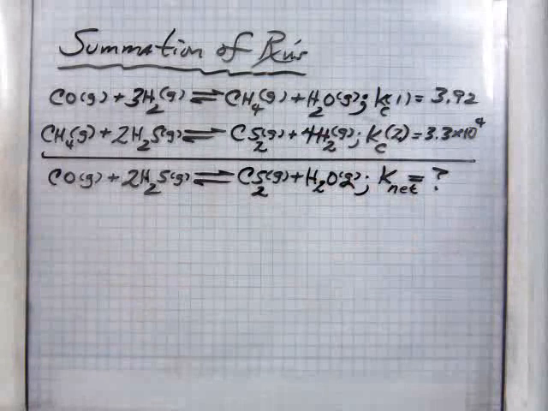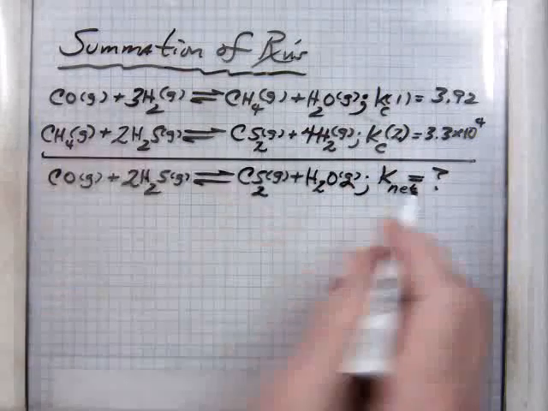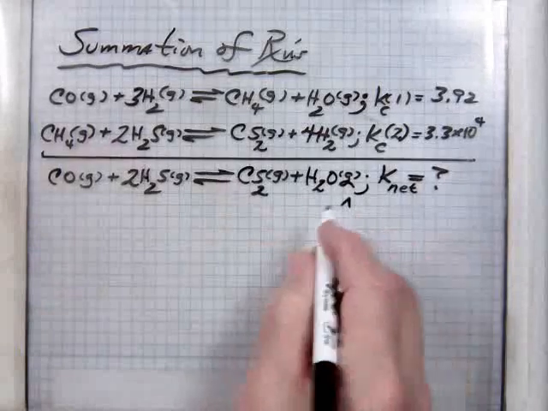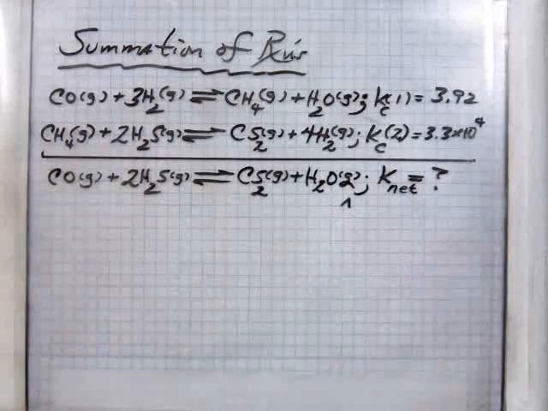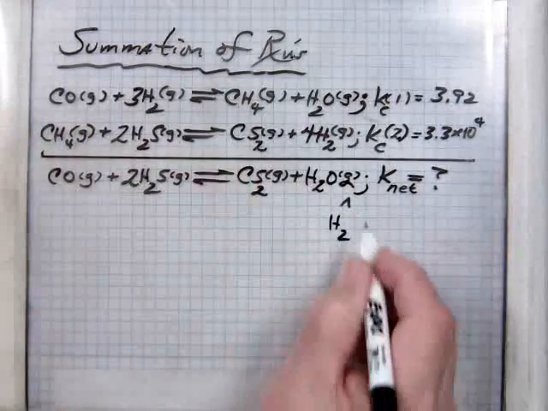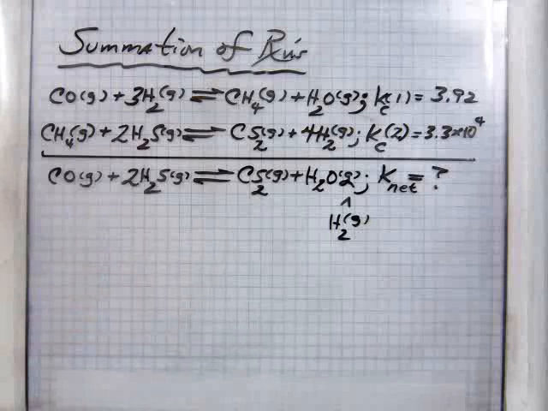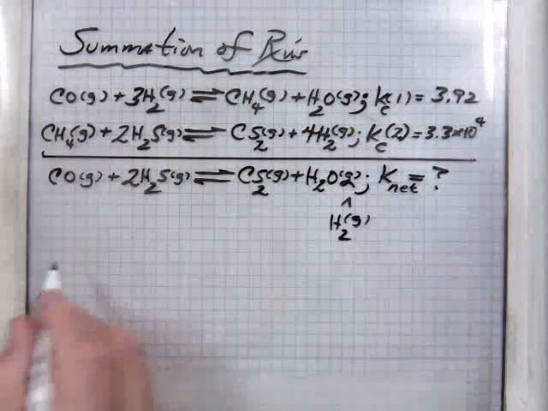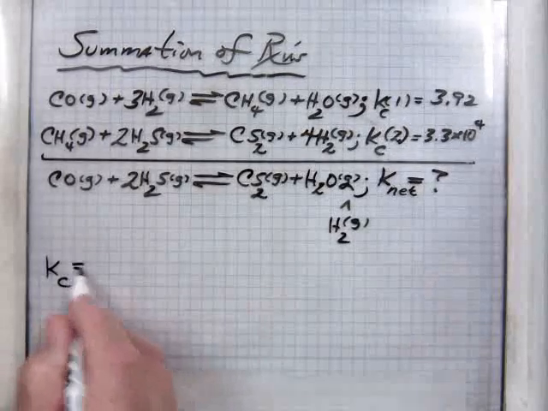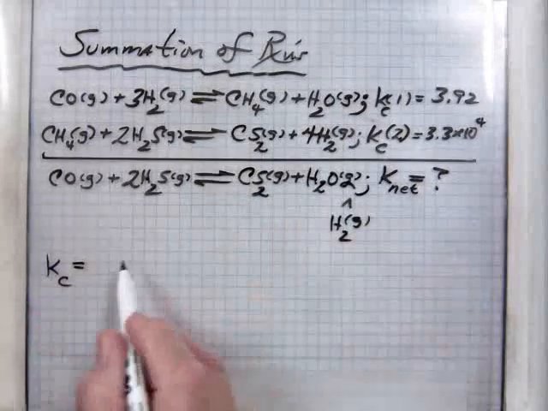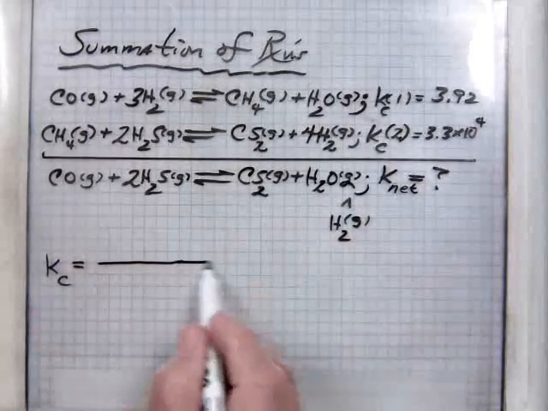I must have left out H2. I left out the H2 down here. I need an H2 on the end. Yeah, hydrogen gas should be in that collection also. Well, to write the equilibrium expression, use the technique that I've shown you for the net reaction. So Kc would be products over reactants, just like we explained earlier.